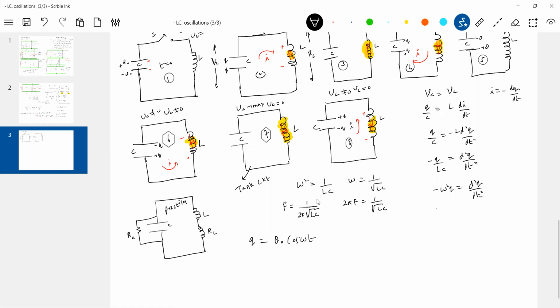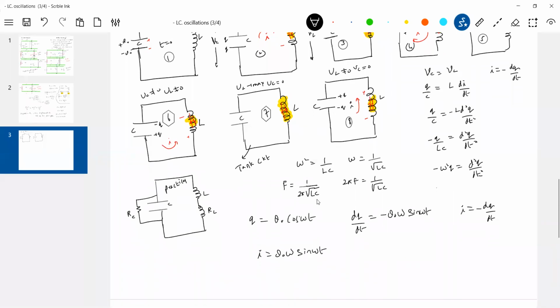Let me differentiate this. dq by dt is minus Q naught omega sin omega t. So what is I? I equal to minus dq by dt, no? So what is the expression for current? Q naught omega sin omega t.